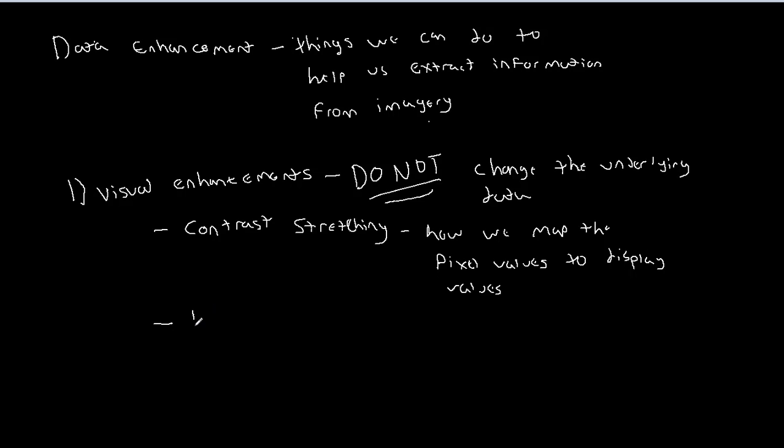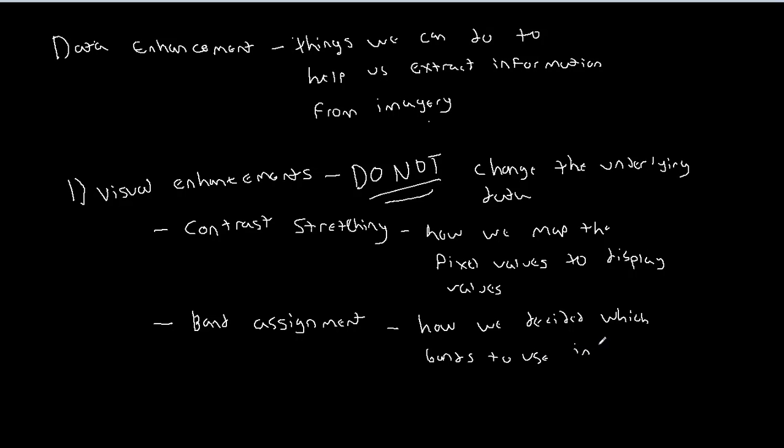And then band assignment. And band assignment is how we decide which bands, and by extension, what wavelength regions, right? Because a band is just a wavelength region in remote sensing. How we decide which bands to use in each display channel.